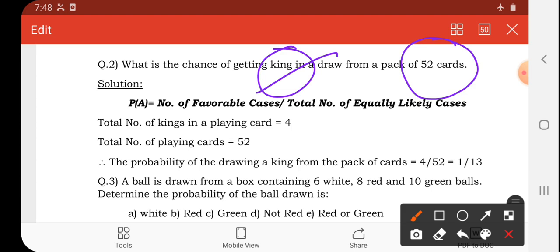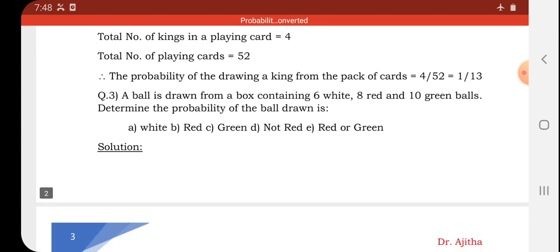In each set there is 1 king. So how many total kings? There are 4 sets. So 4 kings are there. And how many total number of cards is there? 52. So this is the probability of getting a king from a pack of 52 cards, 4/52. This is the procedure how you have to write, right?